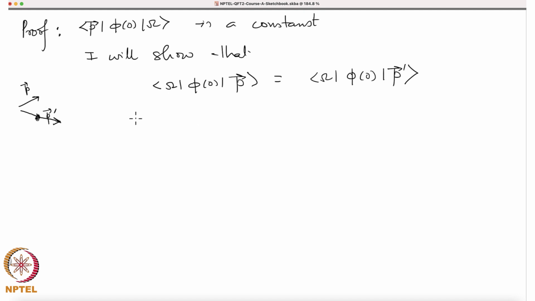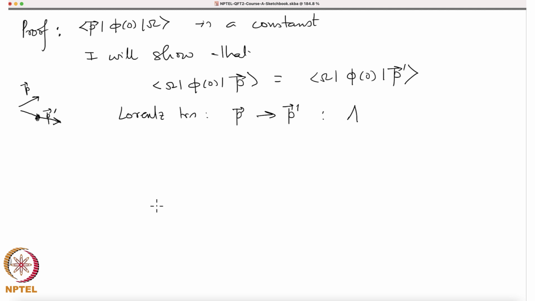So let's say the Lorentz transformation that is needed to go from p to p prime is parameterized by the parameters lambda. Lambda is a matrix whose elements give you the angles of rotation and the boost parameters. So lambda contains all those parameters, because that's all you need.